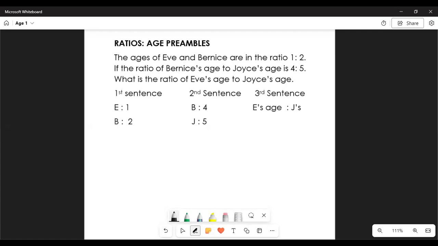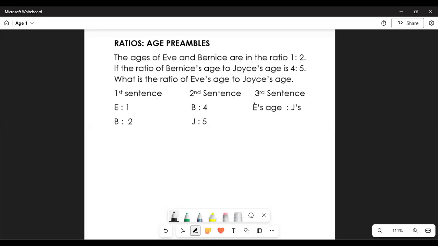From sentence 1, we realize that we can map Eve's age to 1, and we can map Bernice's age to 2. From the second sentence, we can map Bernice's age to 4 portions, and we can map Joyce's age to 5 portions.